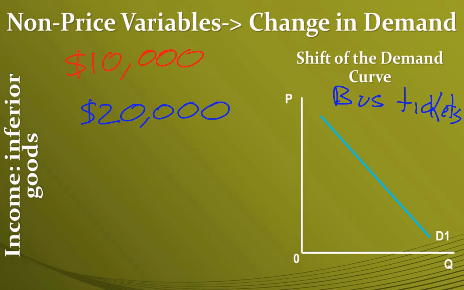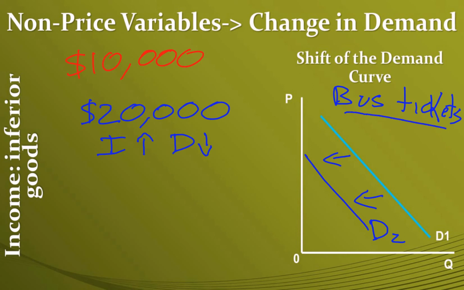So what happens? When your income increased, your demand of bus tickets decreased, because they are, in this case, considered an inferior good.